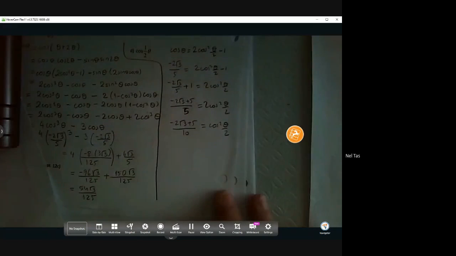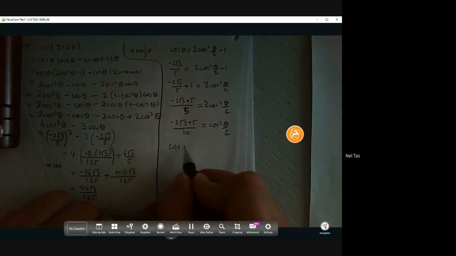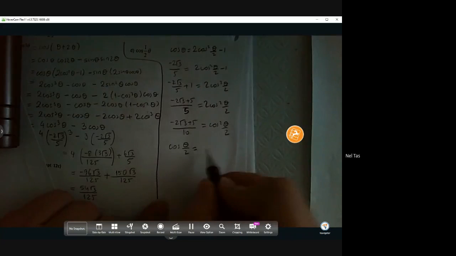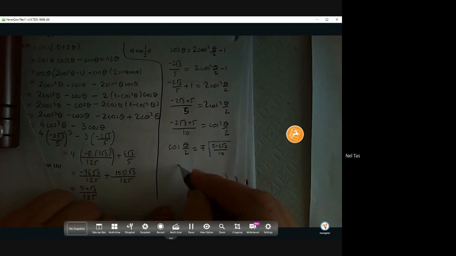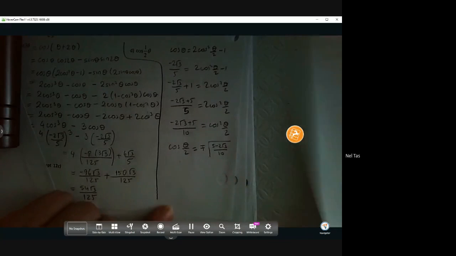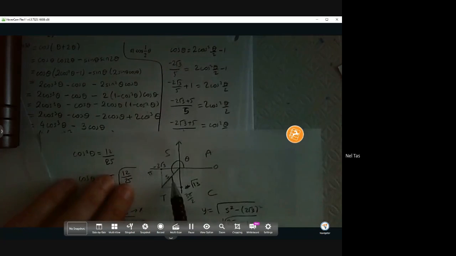Now we can take the square root of both sides. So then we get cos theta over 2 equals plus or minus square root of 5 minus 2 root 3 over 10. But let's check one more thing here. Right from the beginning, we know that theta is in quadrant 3.